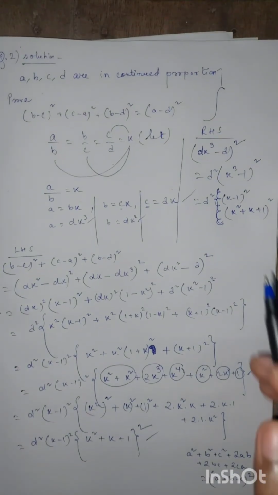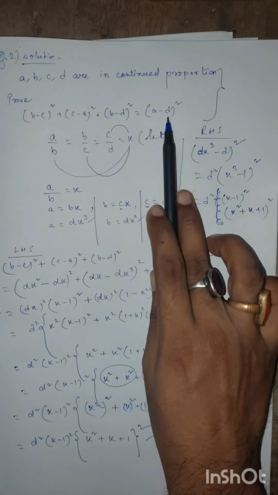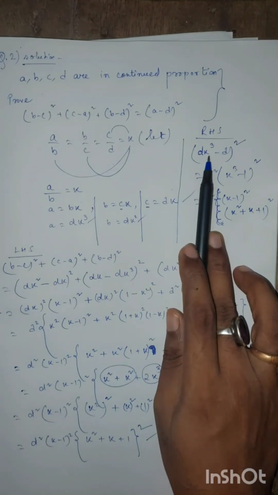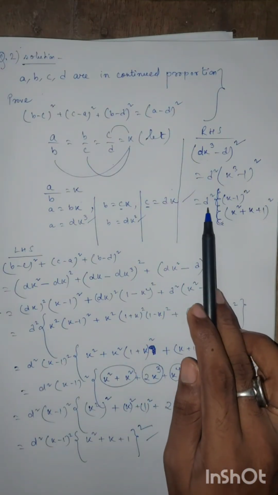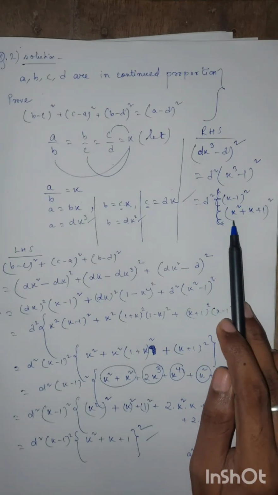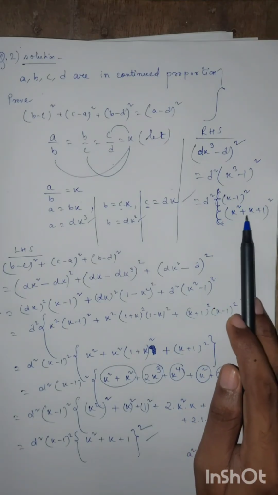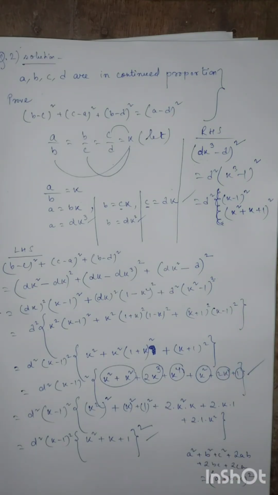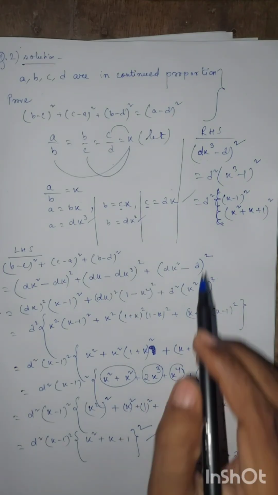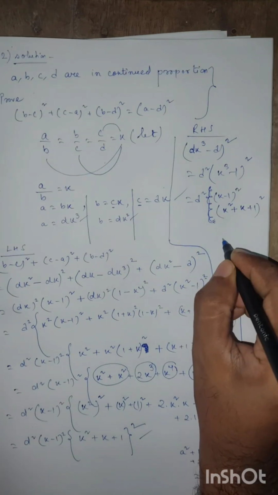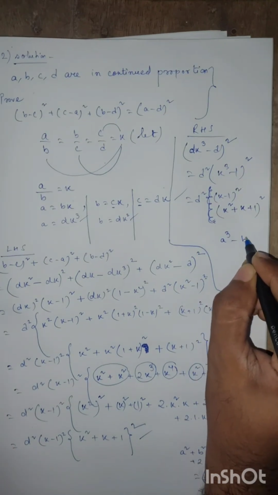Now if we simplify the RHS by putting the value of a, we are getting the exact same thing, d square k minus 1 whole square, k square plus 1, k plus 1. I think you must remember the formula of a cube minus b cube.